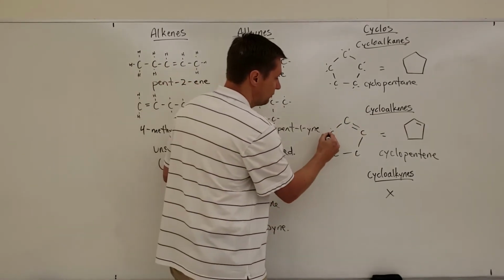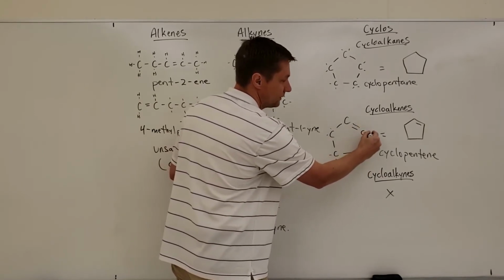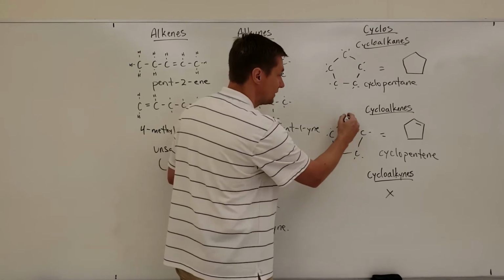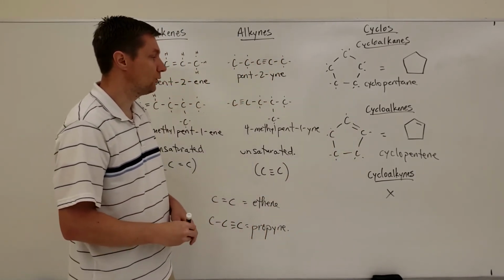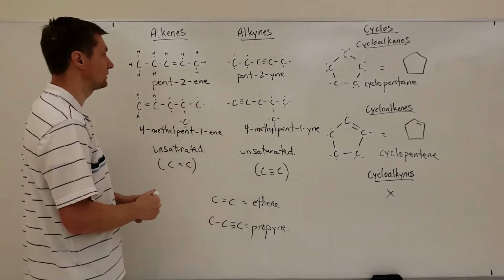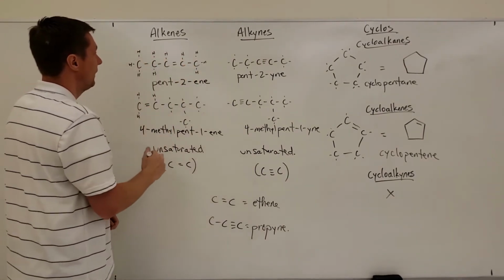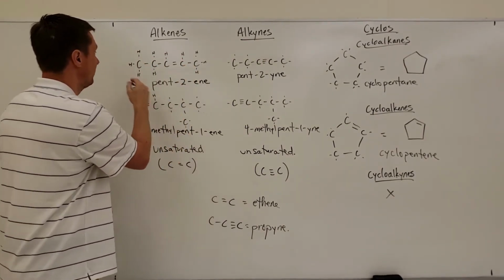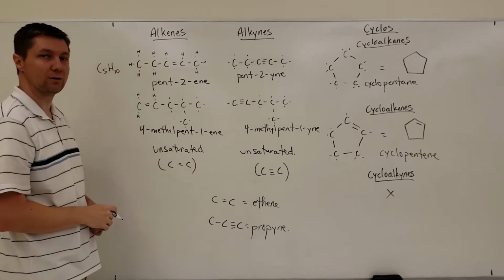These guys have 2. This one's got 3 bonds, so that only has 1 coming off. And this has 3 bonds, so that only has 1 hydrogen coming off of it. And so you can see how this affects the chemical formulas. If I take a look at these, this compound right here is going to have a chemical formula of C5H10, if you count those out.